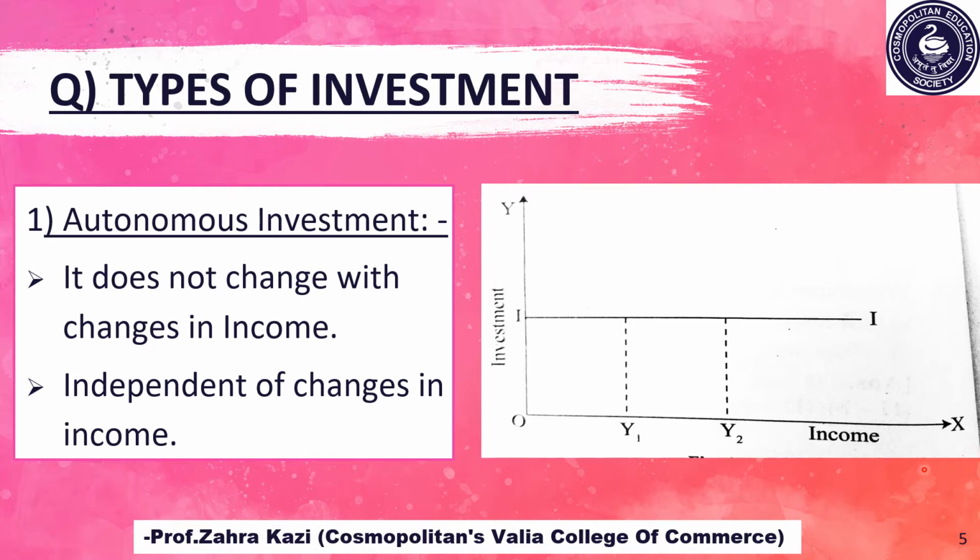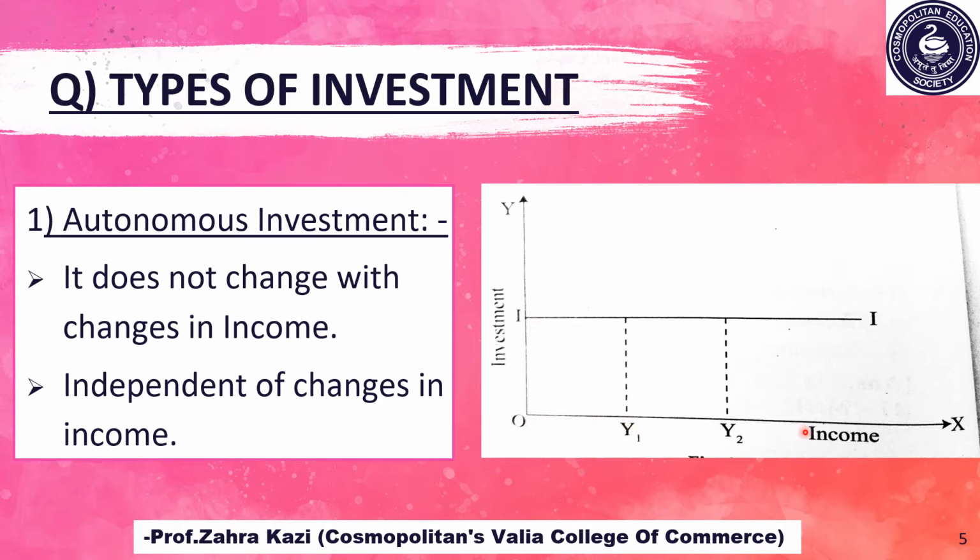For example, look in the figure, students, towards the right. The x-axis denotes income, while the y-axis denotes the level of investment. So initially, the level of income is OY1 and the level of investment is OI.